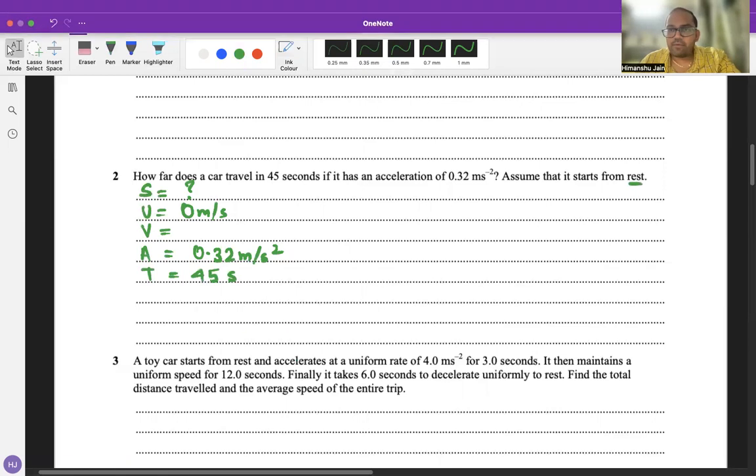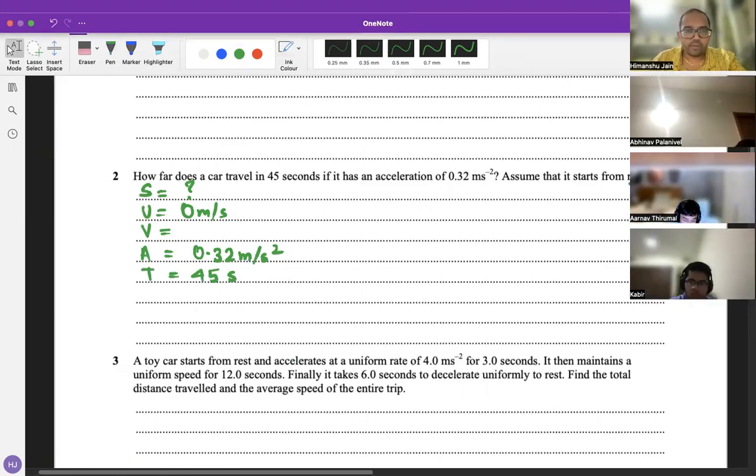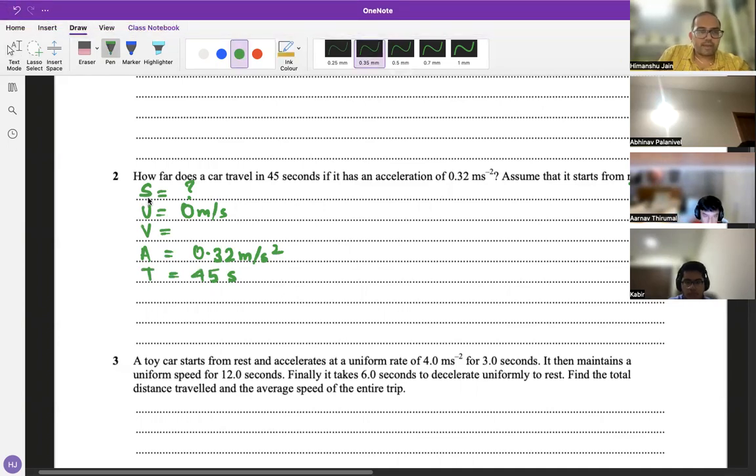Okay. So I believe you all have the equations written with you. Can you refer to them and tell me which equation we should use here to determine the value of s? Look at the equations that you have written and tell me which one we should use to find the value of s. So you can use ut plus half at squared. You need to give me full information. Okay, s is equal to ut plus half at squared.